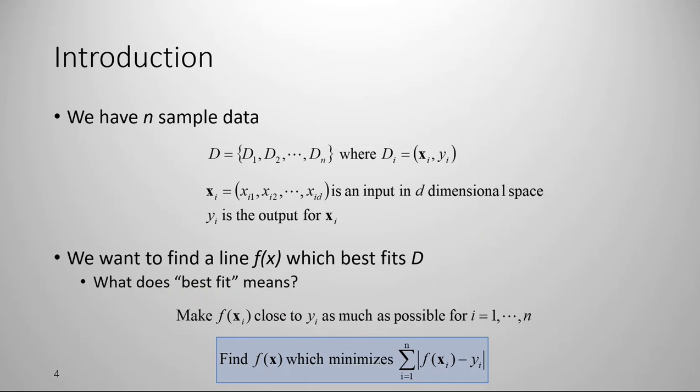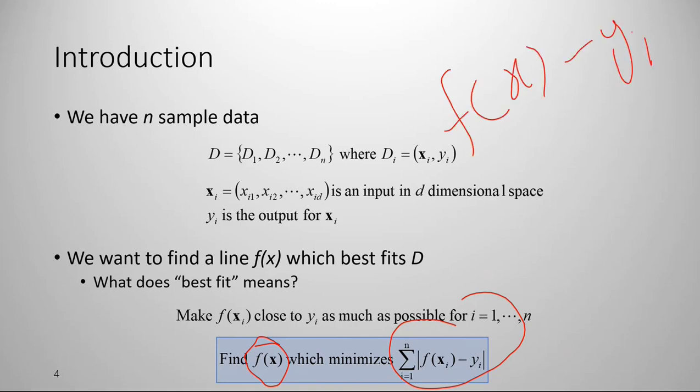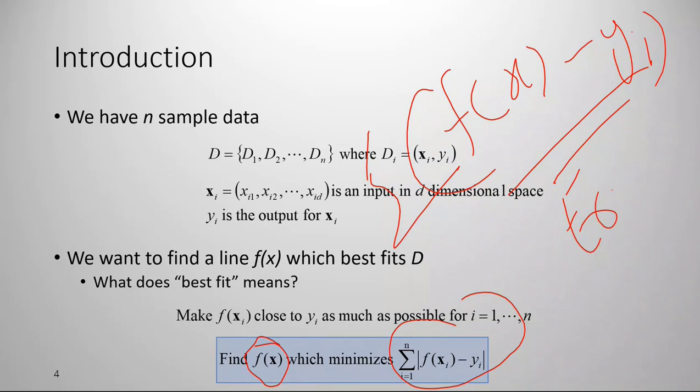So then find f of x, find that function, that line, that line which minimizes this error. Which error? Where f of x, the defined function, minus the label or the given value, and their summation. This is actually the error function.